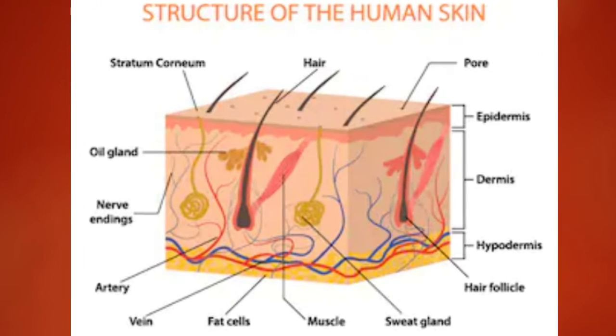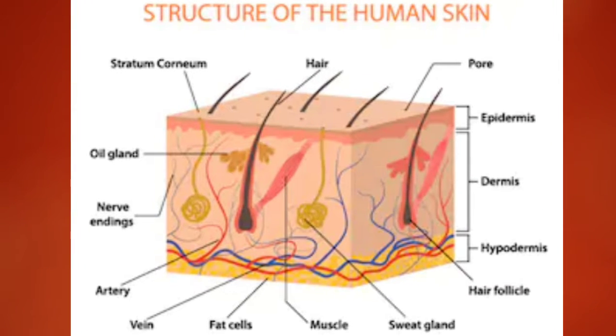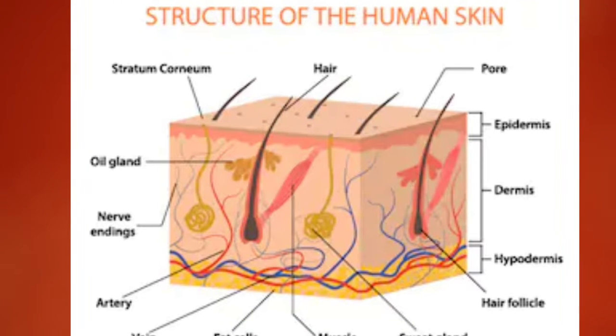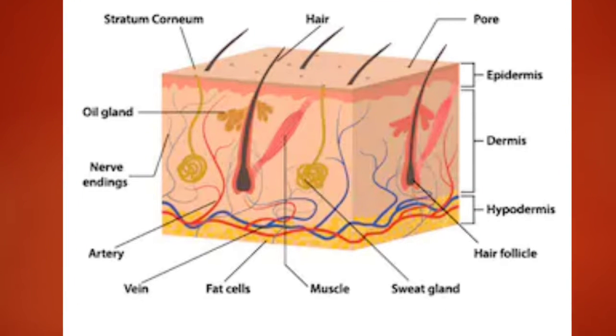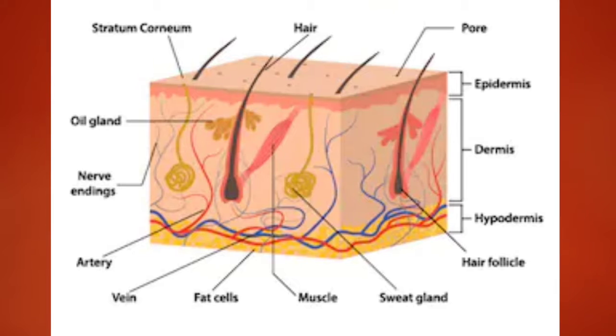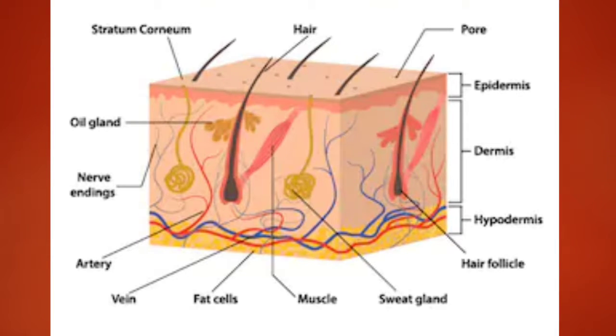Now children, you must learn to draw this diagram. What can you observe here? Stratum corneum you can observe, that is consisting of the dead cells. You have pore, you have hair on the skin, oil glands are present, nerve endings are present, arteries and veins are present, fat cells are present, muscle is there, sweat glands can you see, hair follicle, yes, okay.